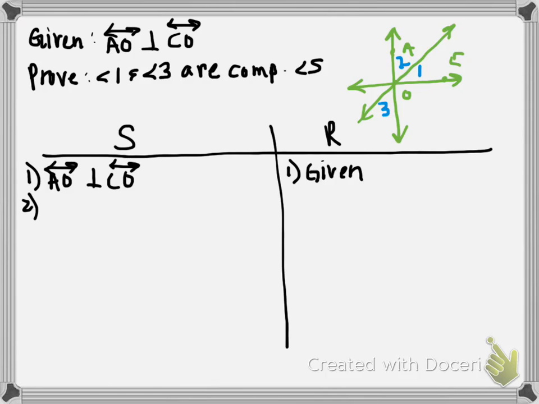So that doesn't look like it's going to work. Let's see what else I know. Definition of perpendicular lines: 2 lines that intersect to form right angles. So I think what I'm going to do is pull out the idea of a right angle. Remember, what we're trying to prove is that angle 1 and angle 3 are complementary angles. So what I need to come up with is that they add up to equal 90, then I can conclude that they're complementary angles.